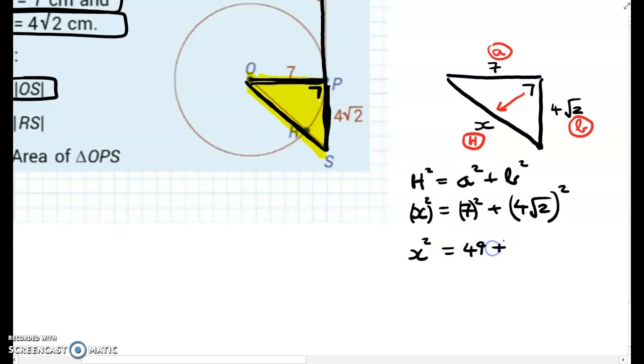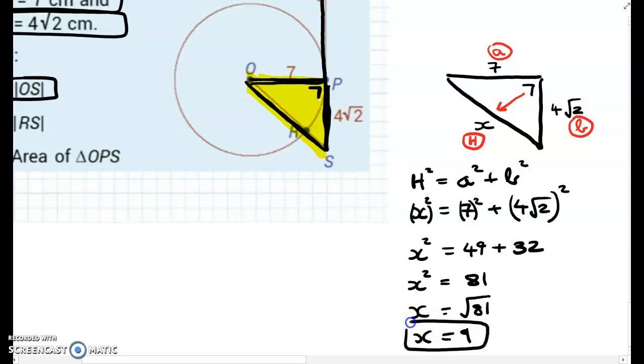What do you get when you put that into the calculator? You get 32. That means add them together, you get 81. And of course, don't forget your root. So this time we know that x is equal to 9.